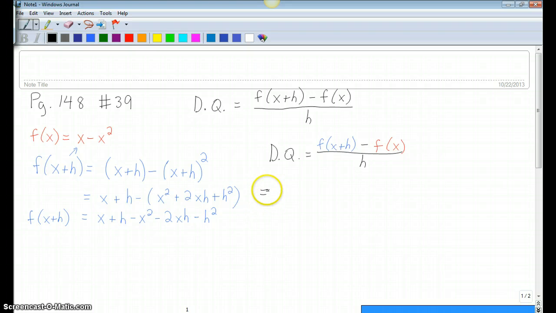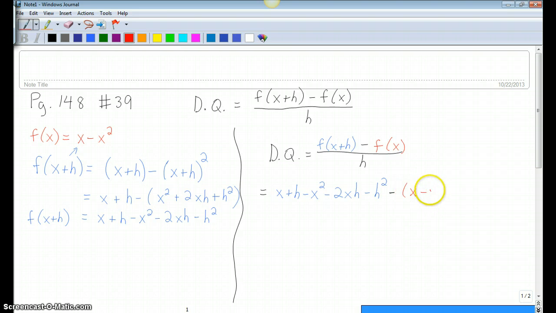Now I'm going to write that as, divide our line here, f of x plus h was x plus h minus x squared minus 2xh minus h squared. From that we're going to subtract f of x, which is just x minus x squared, take all that divided by h.